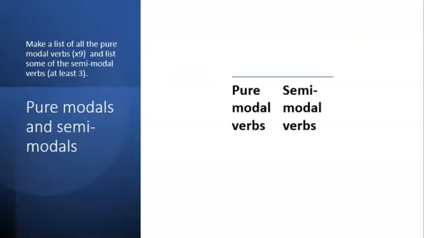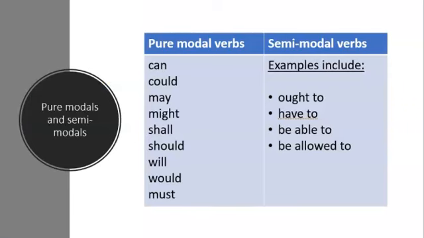All right. What we see is the pure modal verbs: can, could, may, might, shall, should, will, would, and must. And then the semimodals are examples like ought to, have to, be able to, be allowed to.